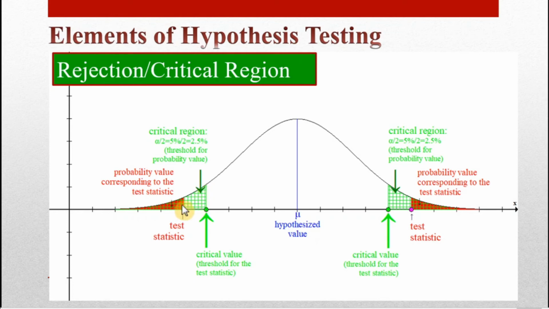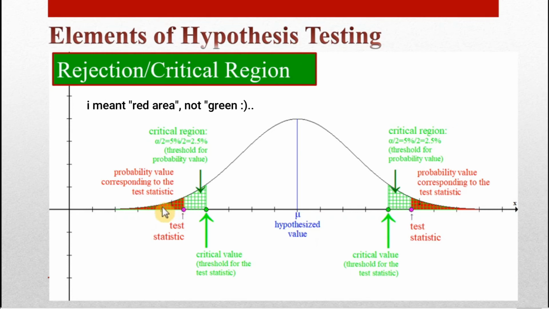This is our rejection region. So the probability value for this green area is 2.5. This is also 2.5. And why again? Because we are setting that for the rejection region, the probability value is equal to 5%. This also means that the probability value for this particular test statistic here is illustrated by this green area here.